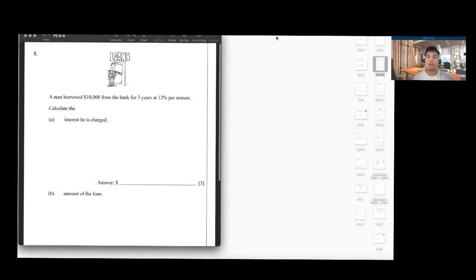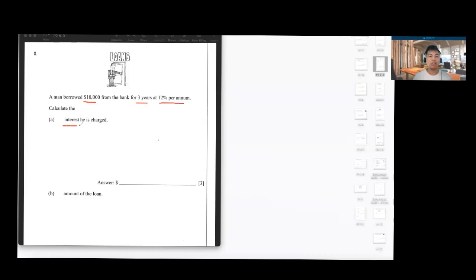Okay, let me read the question. A man borrowed $10,000 from a bank for 3 years at 12% per annum. That means per year. So this is a question about interest. Simple interest.